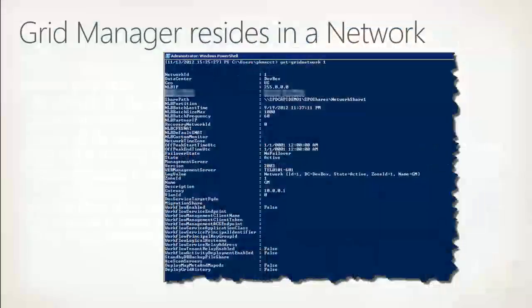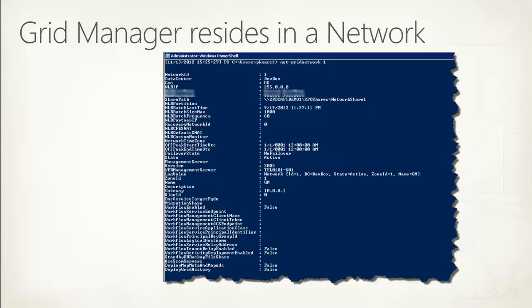This is a PowerShell screenshot that I've taken to show you what Grid Manager looks like from an object perspective. Grid Manager is a self-aware object. We actually have a step called Grid Manager Self-Awareness when we install it. This screenshot is Grid Manager on a dev box. We have capabilities to run all of SharePoint Online, Service Fabric, and Grid Manager on dev boxes to allow our developers to debug and test code on their dev box.